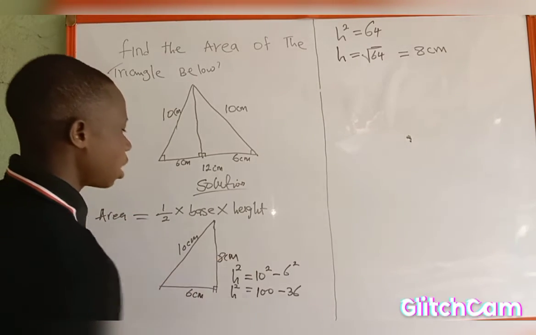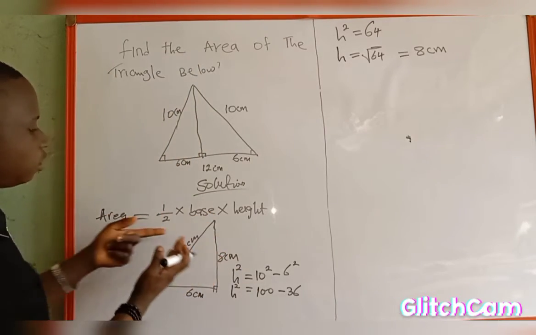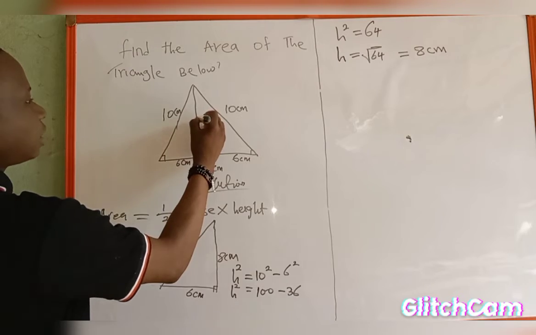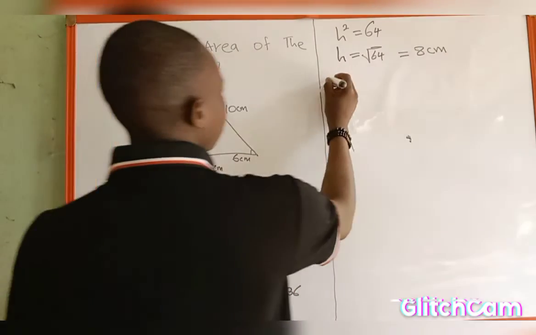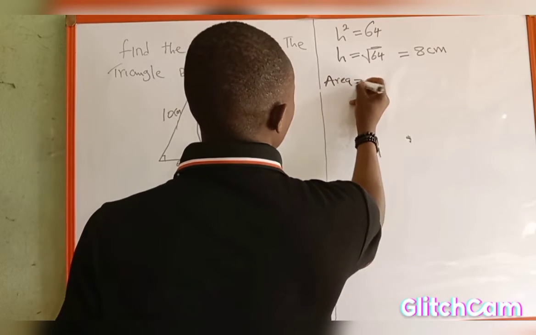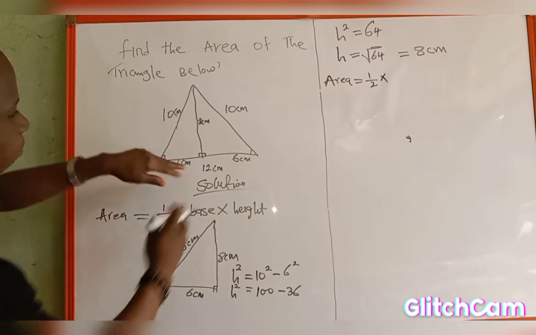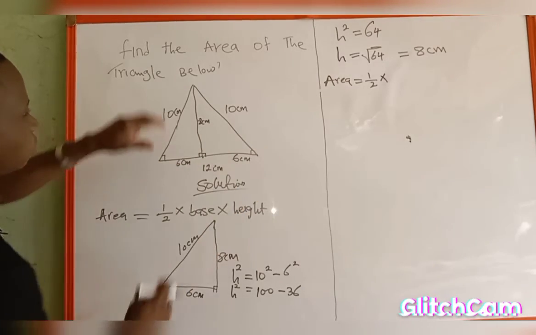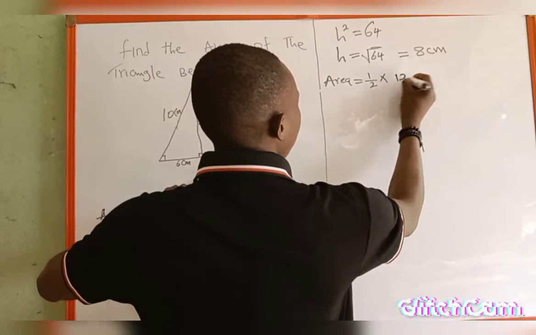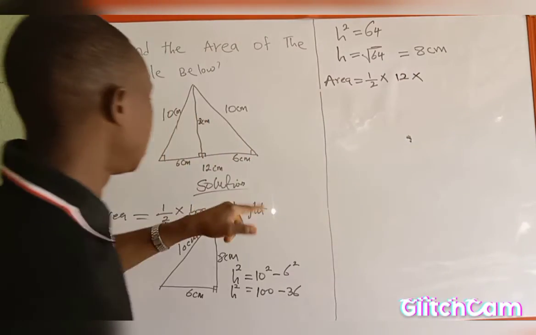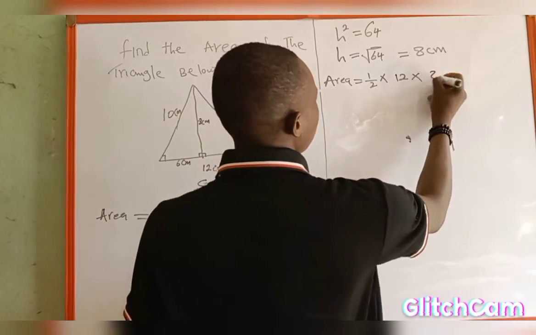So from now, having found the height of this triangle, we can use this formula. The height here now is 8 centimeter. And the formula says area equals half multiplied by the base, and the base of this isosceles triangle is 12 centimeter, multiplied by the height, and the height we found is 8 centimeter.